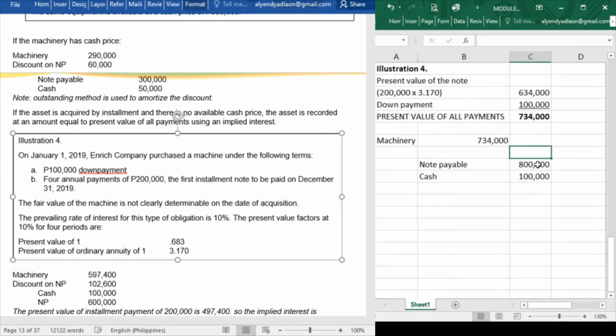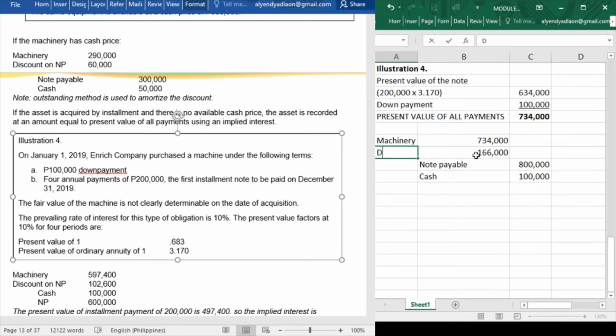So how much is our discount on note payable? If you remember, the discount on note payable is the difference between the cash price equivalent and the installment price. The installment price is 900,000. The cash price equivalent is 734,000. So 900 minus 734, that is 166,000.